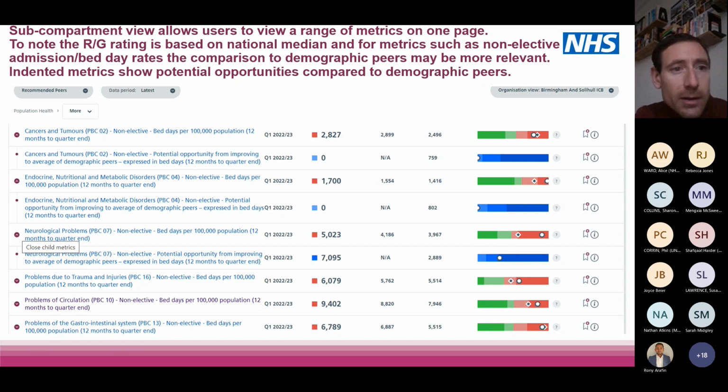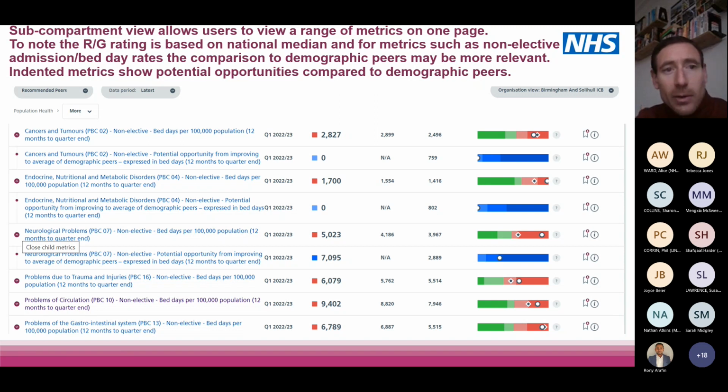So what we also include is an indented metric. If you look at the arrow toward the left of the title, then if you click onto that, the indented metrics become unhidden. So we've got indented metrics here showing the potential opportunity from improving to the average of the demographic peers.